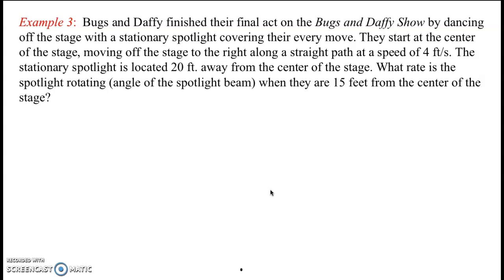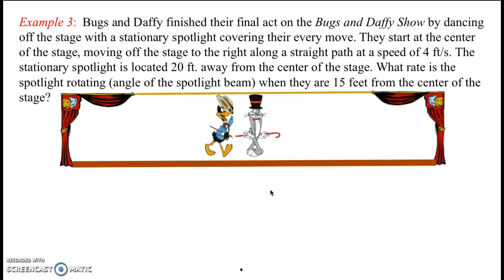All right, we have a lot of information to go through here. I'm going to use my computer and say, okay, here are Bugs and Daffy at the center of the stage. The spotlight is located 20 feet from the center.